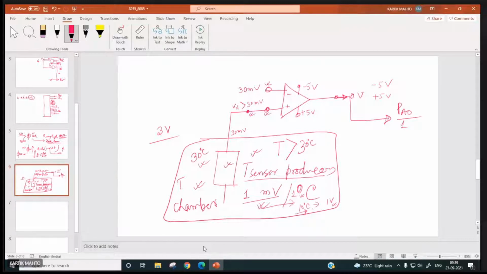Okay. Similarly, if we have a pressure sensor, this will produce 5 volt if pressure exceeds its limit. So this will be connected to say PA1.